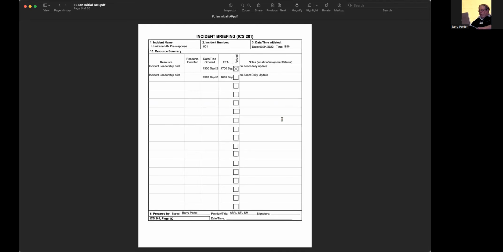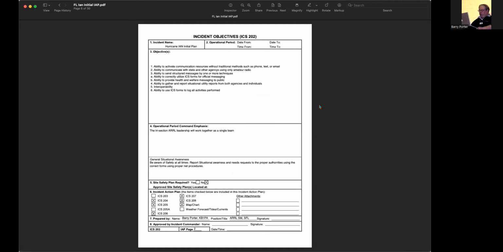And this is page 3 or page 1C of the incident briefing, where we basically went through our resources summary and the different meetings that we had held up to the point where I had made this, and there was some more added after it. And page 4, this is page 2 of the incident objectives, and we've said that we needed the ability to communicate without traditional methods in case the phones and the cell phones and the repeaters and such went down.